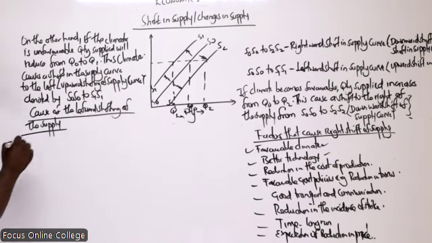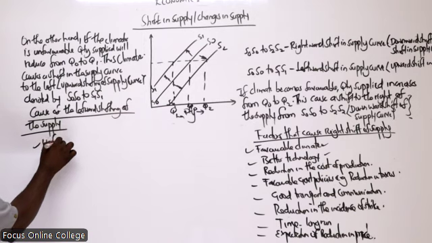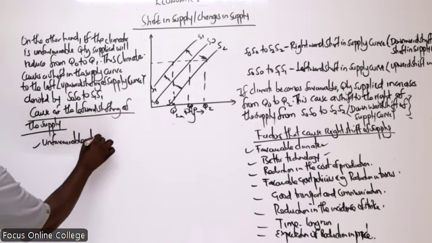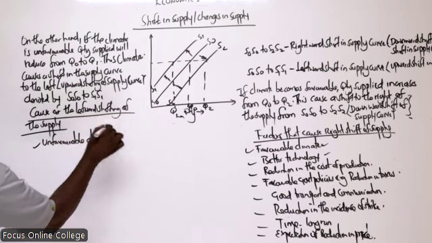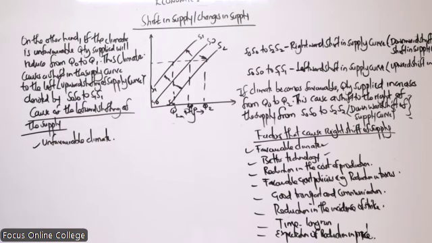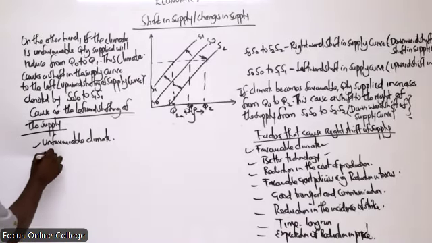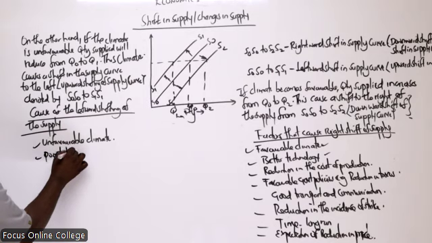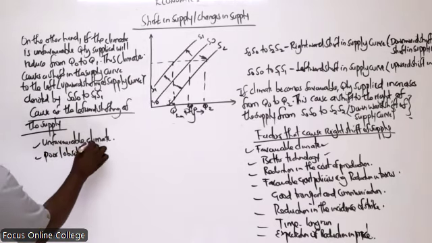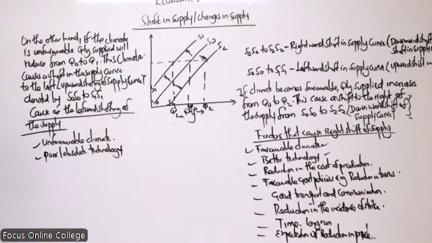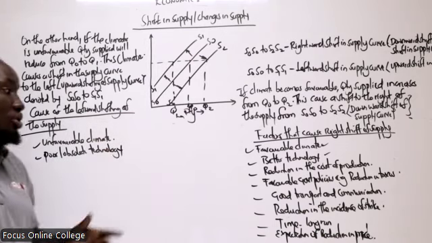One we've already been given: the unfavorable climate. Number one. Then you can talk about obsolete or poor technology. When you have a bad technology, it results in a reduction in quantity.